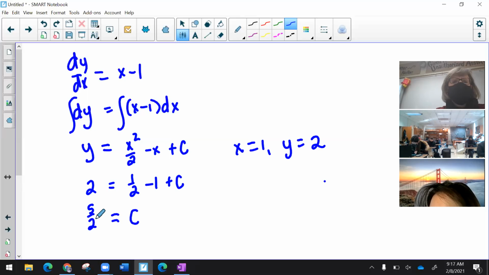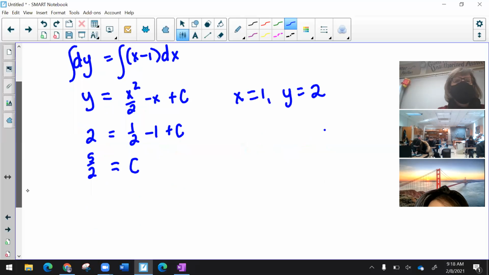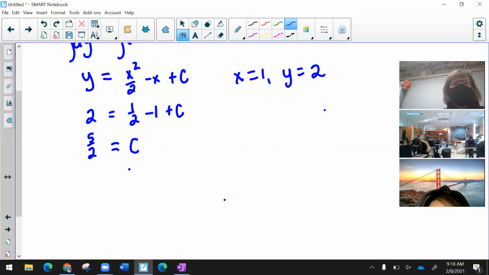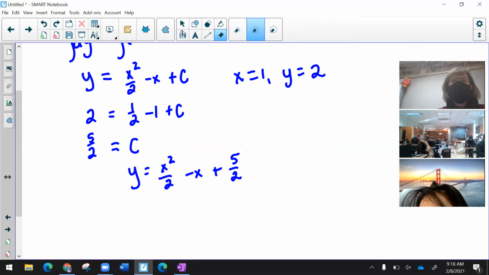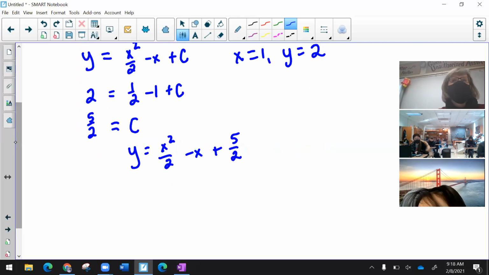All right? I think so. So this gives me y is equal to x squared over 2 minus x plus 5 halves. Right? And then I want to know what y of 1.3 is.